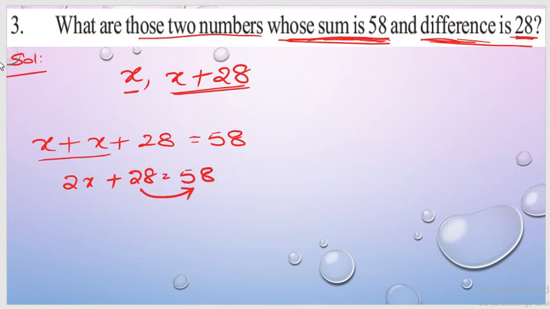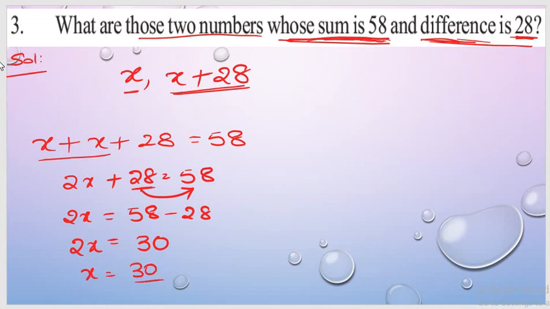Now this is nothing but a constant number. I need to transpose. So then what I am going to get, 2x is equal to 58 minus 28. So what is the value of 58 minus 28? It is nothing but 30. So from this 2x is equal to 30, x is equal to 30 by 2.